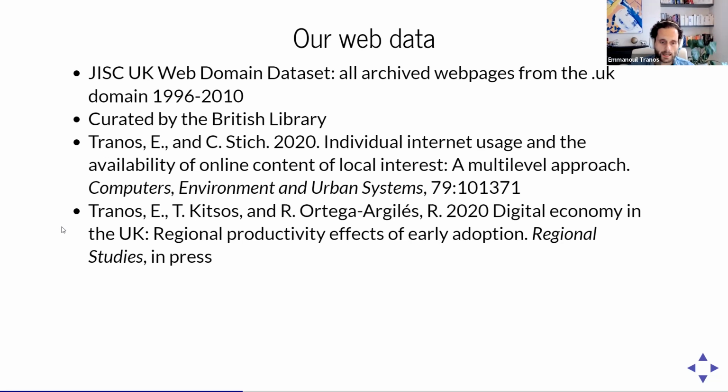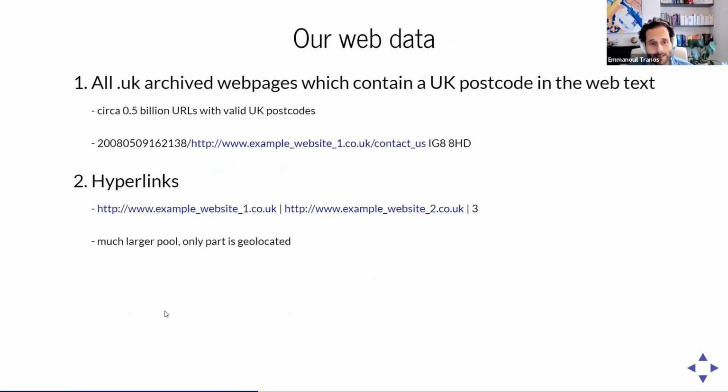We've used this data before in other studies, and it's a very exciting data set for us, although very challenging to work with. So we're using two data sets of this broader data set they have created.